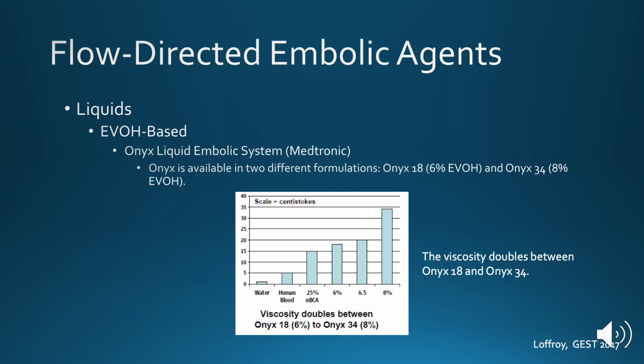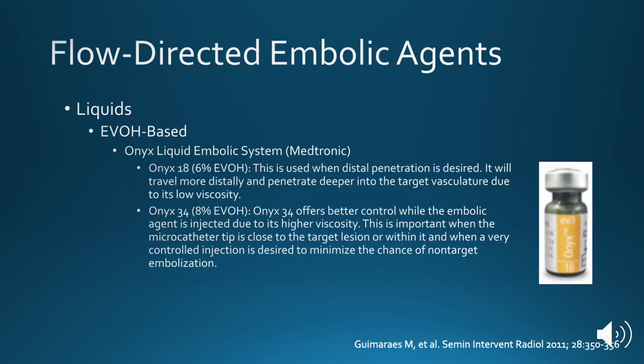Now, Onyx is available in 2 different formulations, Onyx 18, which is 6% EVOH, and Onyx 34, which is 8% EVOH. And the viscosity doubles between Onyx 18 and Onyx 34. Onyx 18 is less viscous and is used when more distal penetration is desired.